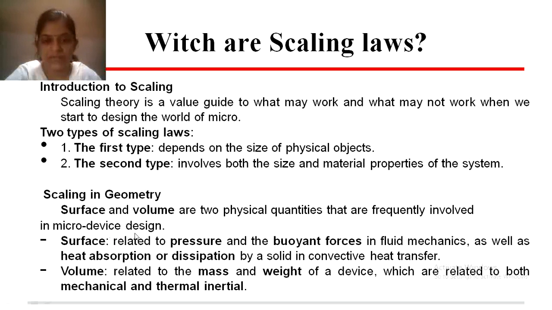Surface and volume are two physical quantities that are frequently involved in micro device design. Surface is related to pressure and buoyant force in fluid mechanics, as well as heat absorption or dissipation by a solid in convective heat transfer.